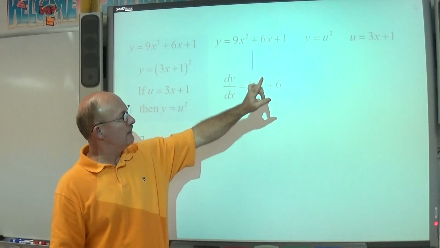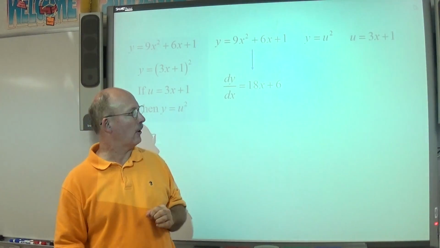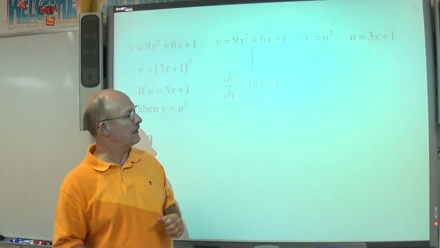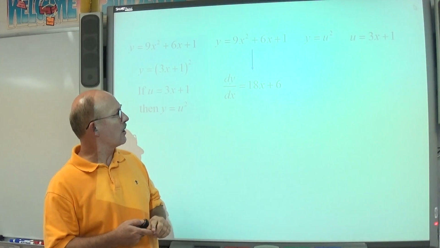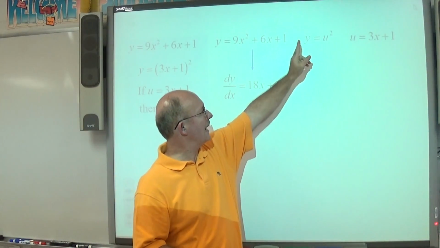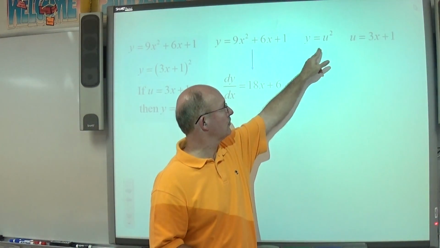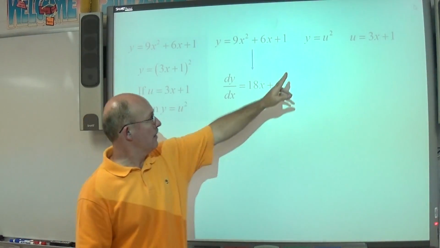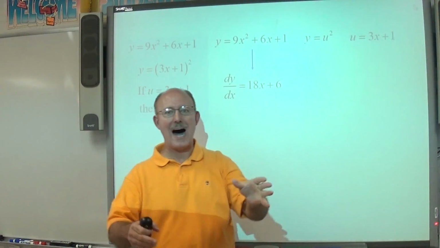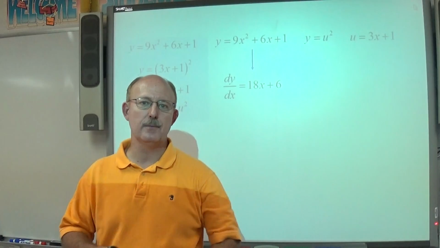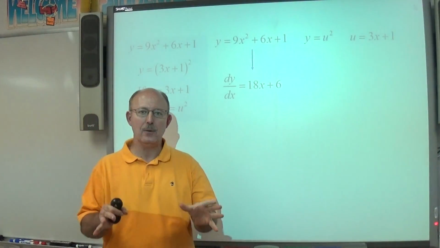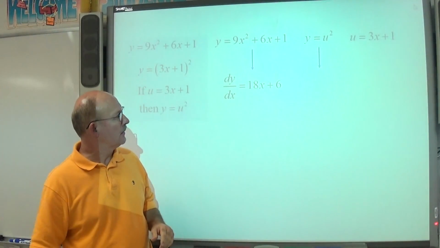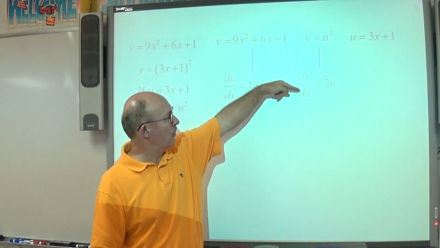Now, let's take the derivative of the inside part and the outside part, the inside function and the outside function, if you will. Let's start off with y equals u squared. This is the outside function. This function is described in terms of y and u, so we're going to take the derivative of y with respect to u, which is dy over du.